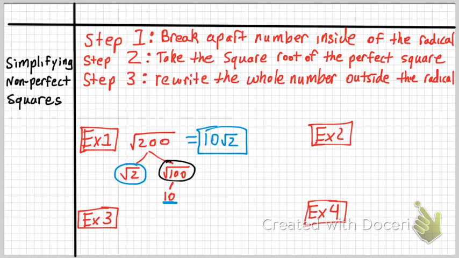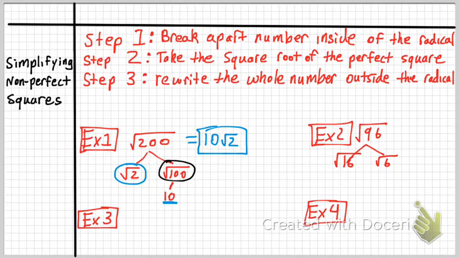Alright, so for example 2, we're going to look at the square root of 96. And so 96, again, we're going to try and factor it here. And we want to factor it into something that has a perfect square as well. So maybe here we could say 16, right? So the square root of 16 and the square root of 6, maybe.